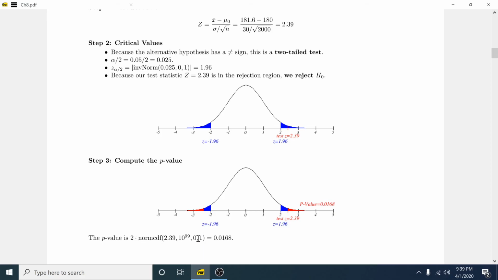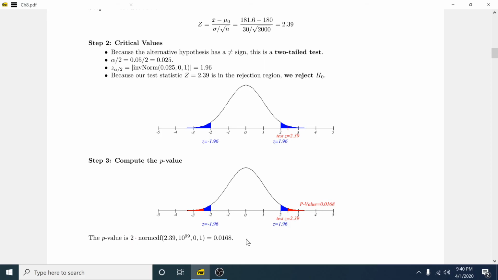Now, this norm CDF calculation is that little red probability right there. But we also care about the red probability on the left-hand side, right? We actually want both, and that's why we need to double this calculation. You can see at the beginning I have 2 times norm CDF of all of this stuff. And when you do that entire calculation, in this case, you'll get 0.0168.